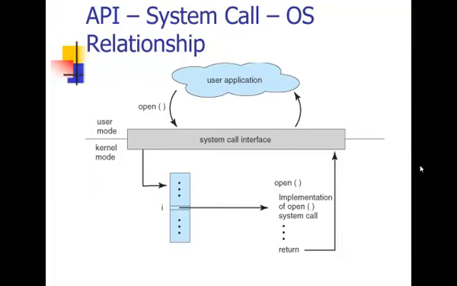Then it will start the execution, that is to open the file. So when the file is opened, then it will be available for the user, and it returns that the task was successful and the user can move forward with the application.